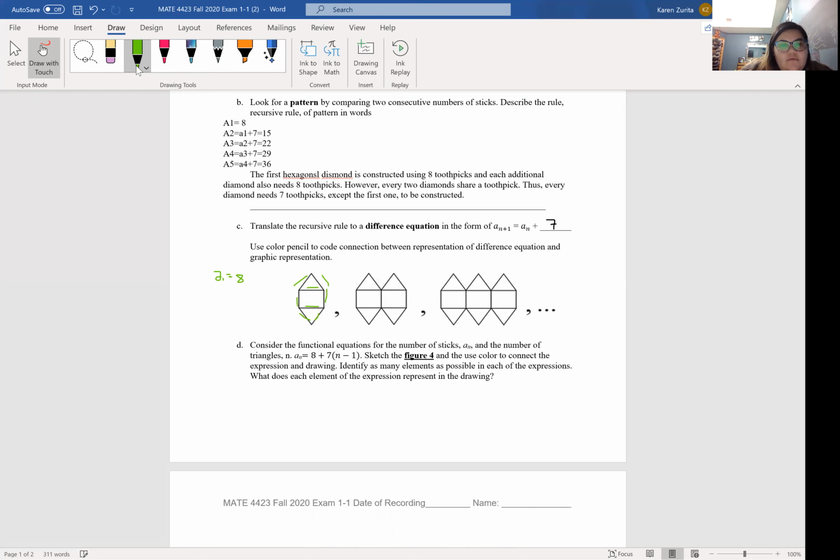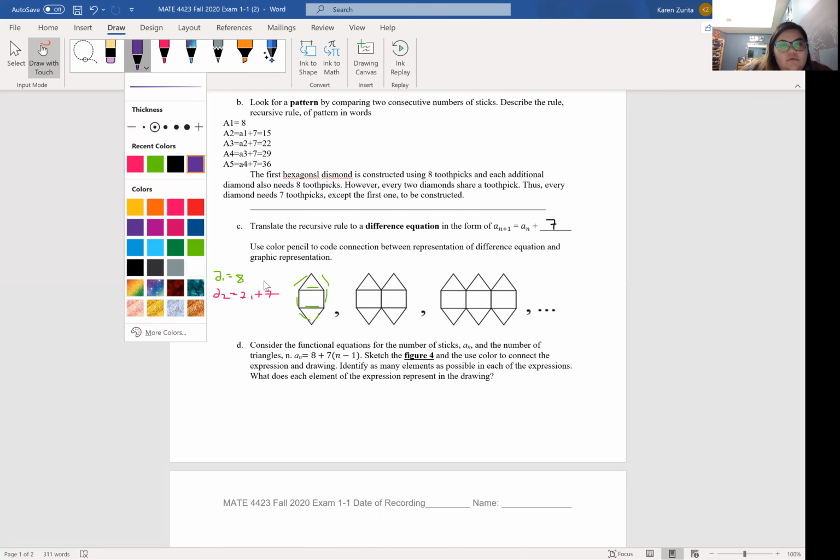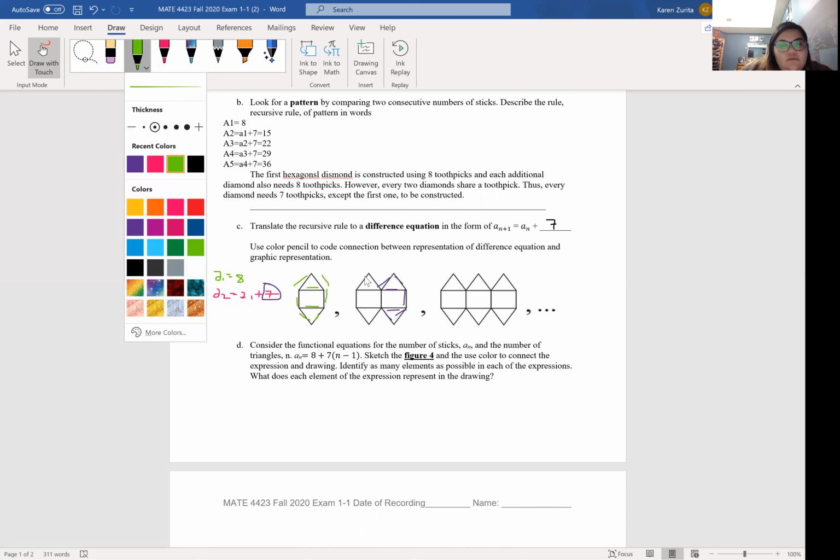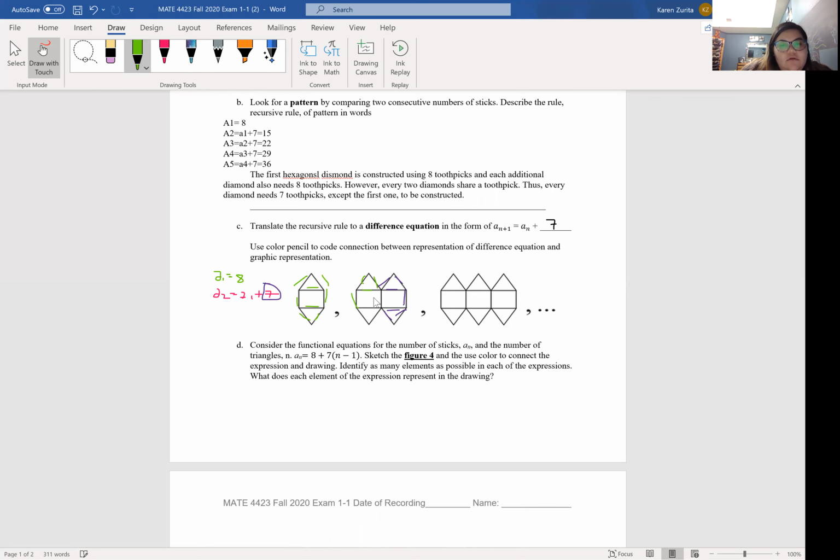And then we have A2 equals A1 plus 7. So this 7 would be the 7 additional toothpicks that are here. And these are the initial 8 for A1.